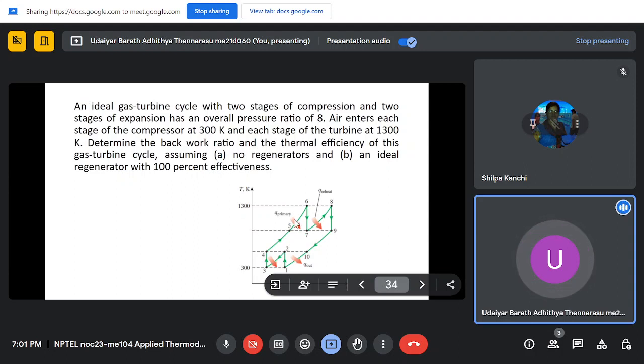So your enthalpy difference H9 minus H10 will be equal to H5 minus H4. So this amount of heat is provided by the regenerator. So the additional H6 minus H5 is the one which should be provided externally. So the heat input which you are providing with an ideal regenerator is H6 minus H5 plus H8 minus H7.